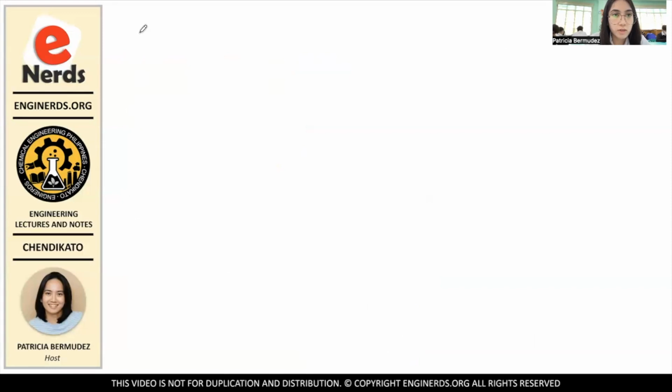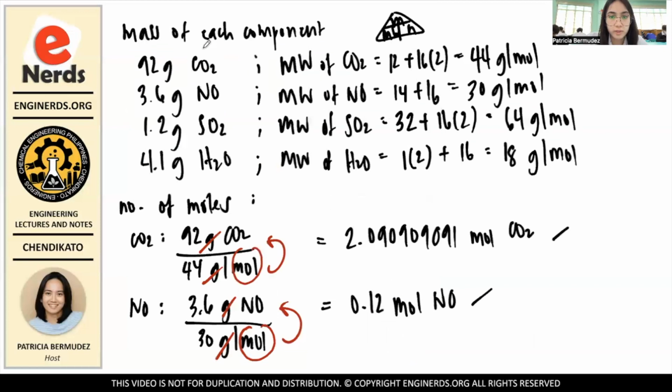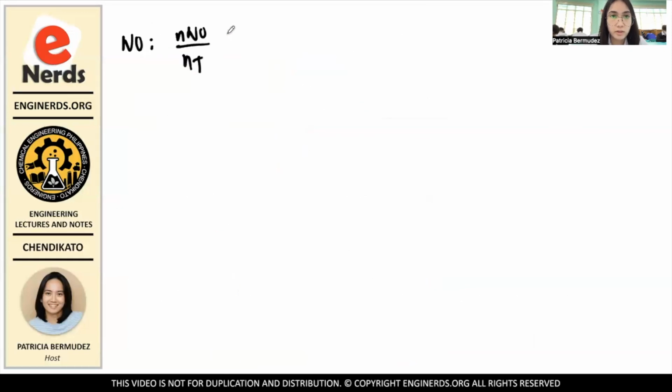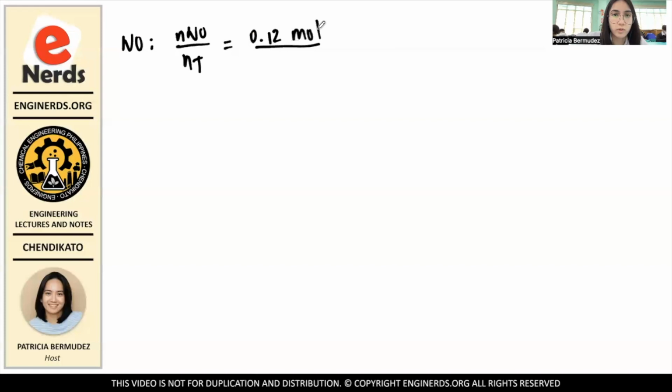And then for NO, our mole fraction is the number of moles of NO divided by the total number of moles. So our mole fraction for NO is 0.12 divided by the total, which is 2.457436891.